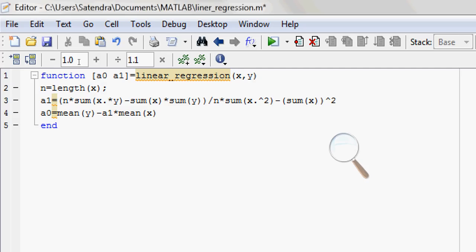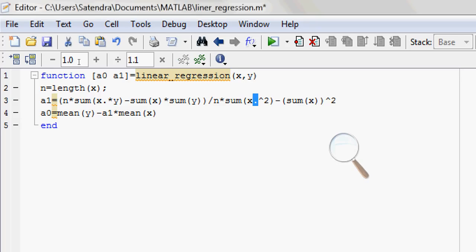If you do not use this dot here, then Matlab will consider it as matrix multiplication. But if you use this dot, then it will perform element by element multiplication. So which is required here? Minus the sum of x into the sum of y divided by, according to the formula.